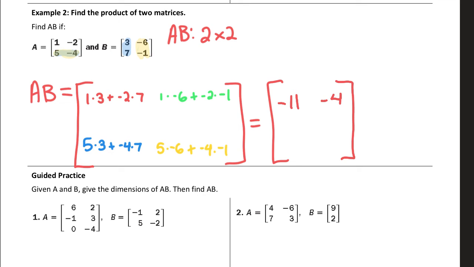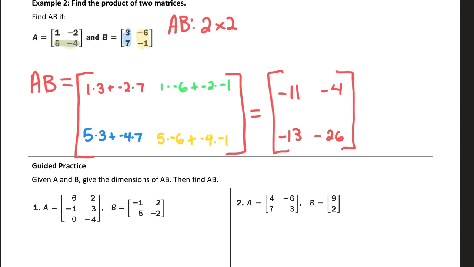The bottom left element is going to be 15 plus negative 28, which is negative 13. And then the bottom right element is going to be negative 30 plus positive 4, so that's going to be negative 26. So that is my resulting matrix. Okay. So it's just paying attention to the elements, multiplying rows by columns, and knowing to add those together.